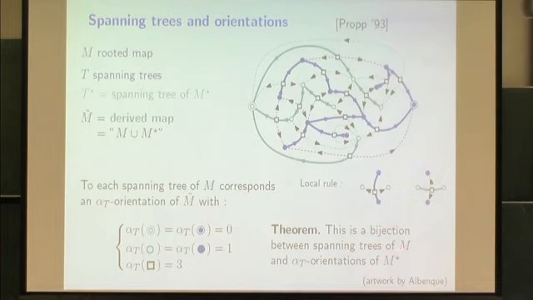between a set of combinatorial structures, spanning trees on maps, and a set of degree prescribed orientations on some derived map. There should be a tilde here on the derived map.